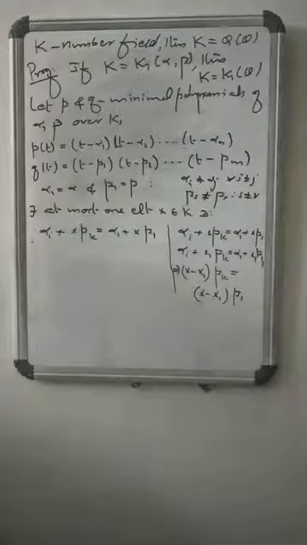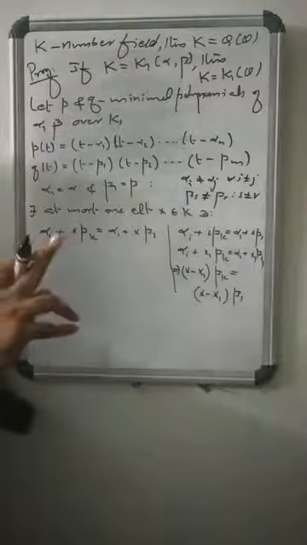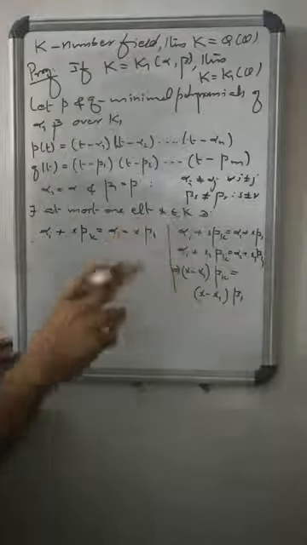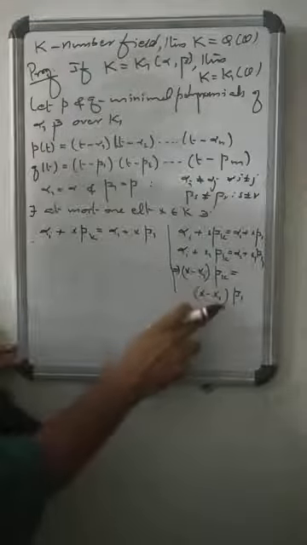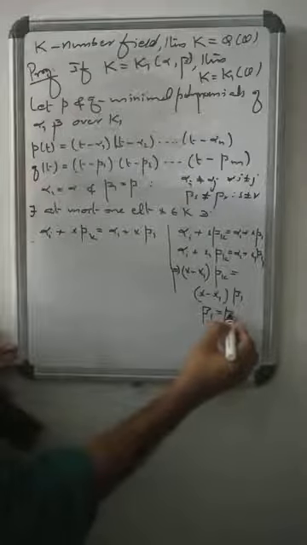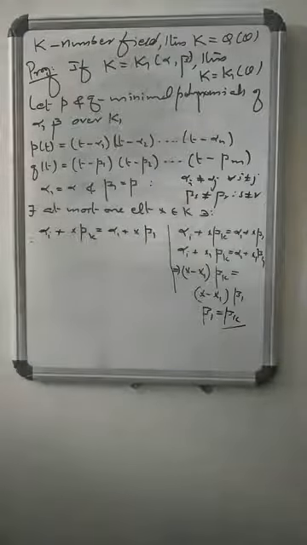But x and x1 differ, so you can cancel x minus x1 on both sides. What do you get? Beta 1 equals beta k. That's a contradiction to the choice, since the beta i's are distinct.